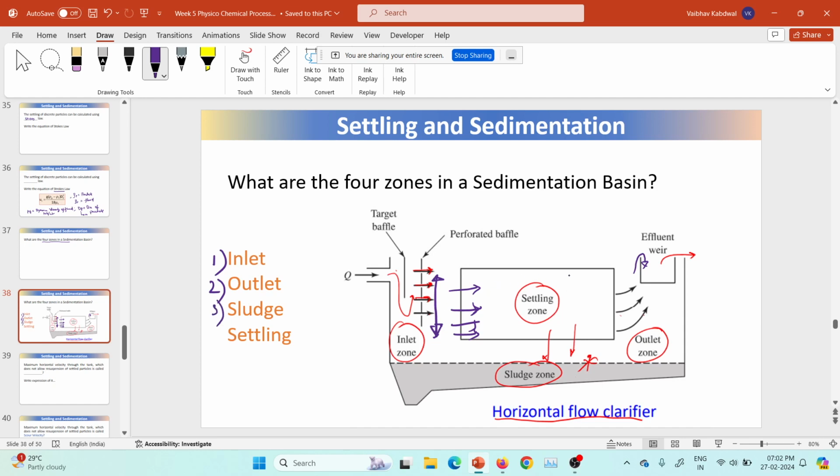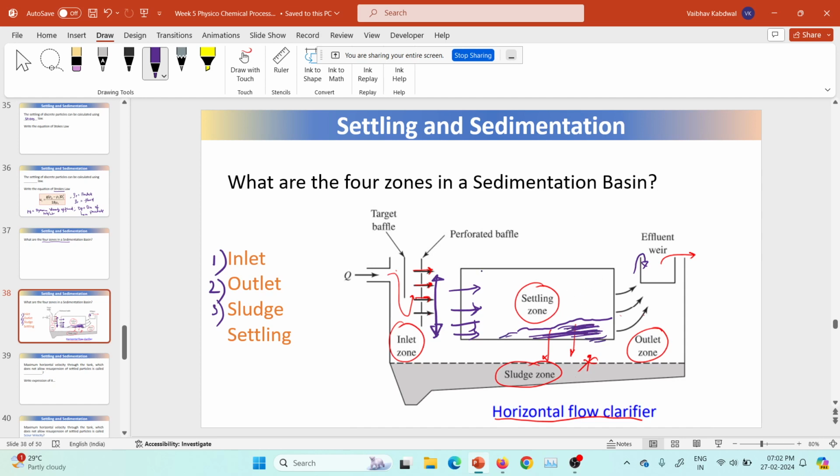Let's understand the settling zone first, then we can understand the sludge zone. In the settling zone, we calculate the depth through some calculations. If we provide only a settling zone, our sludge will settle here like this, and our effective area will be reduced.